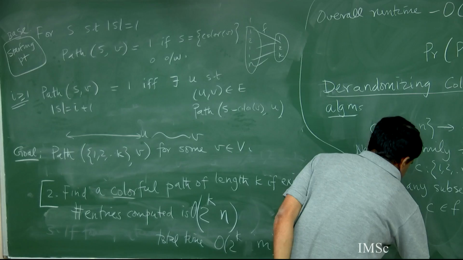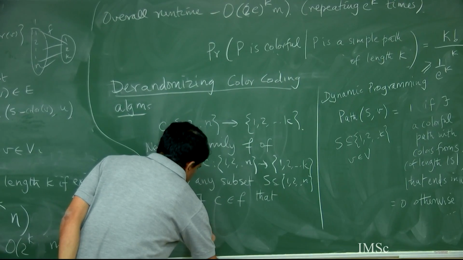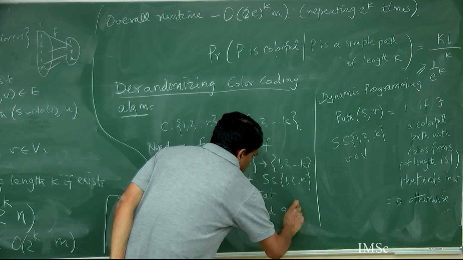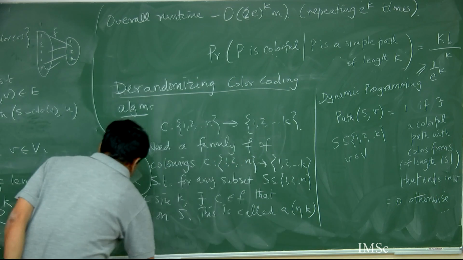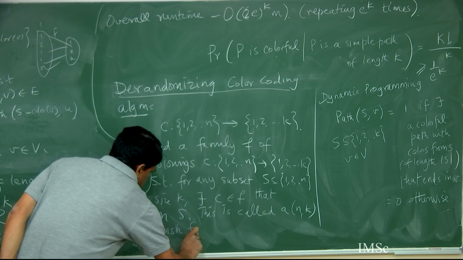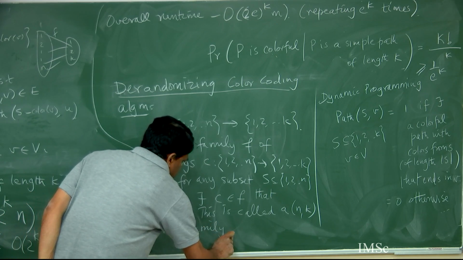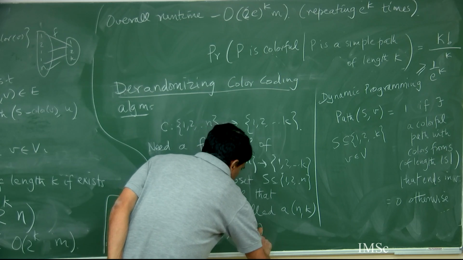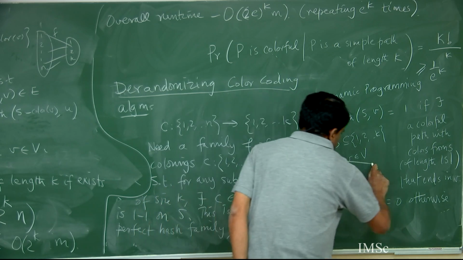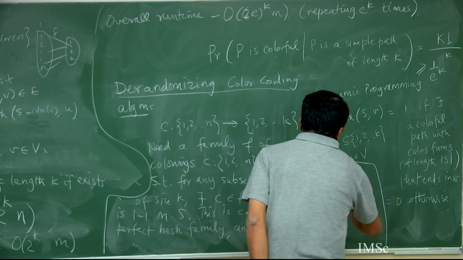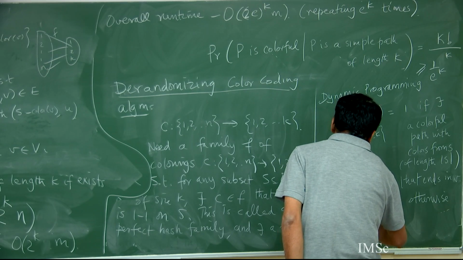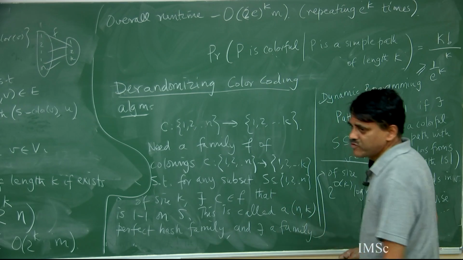Now this is called an n,k perfect hash family. And there is a family of size 2 to the order k log n, and you can even construct them.